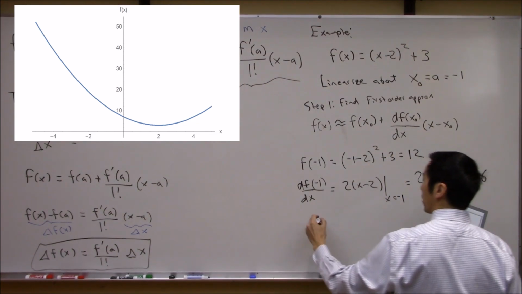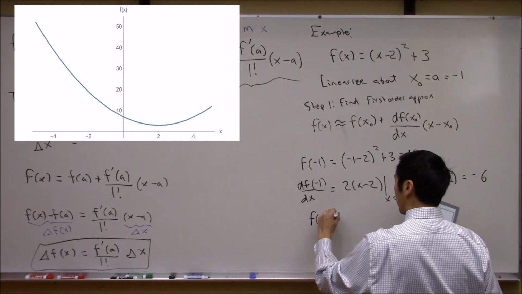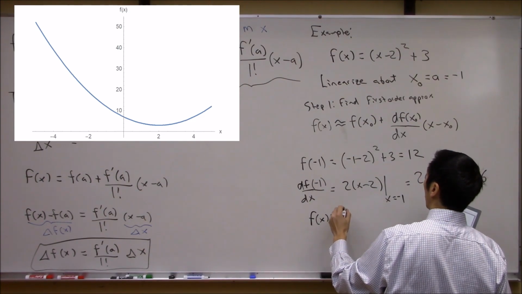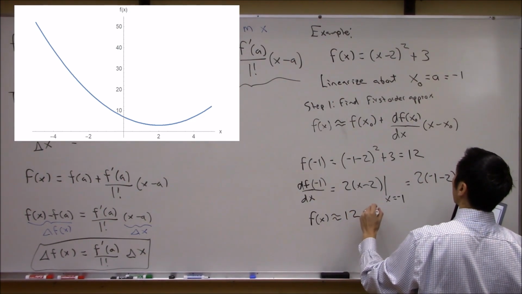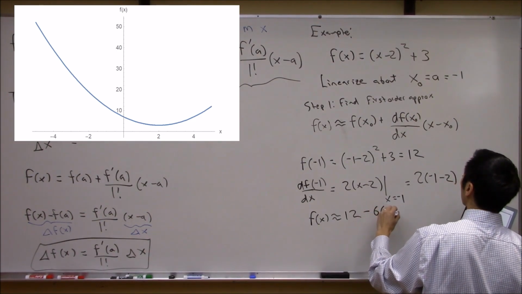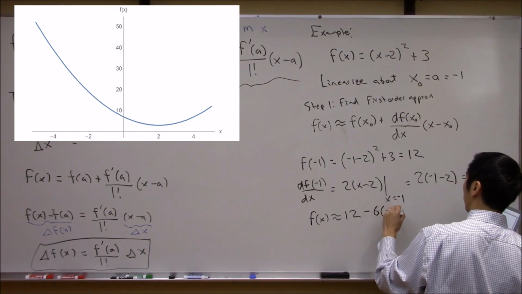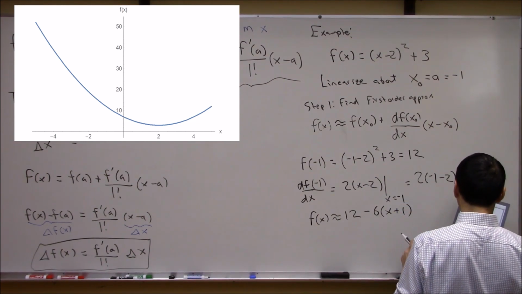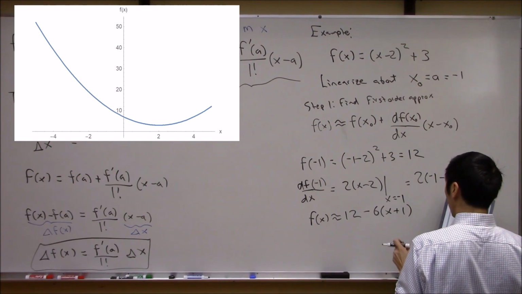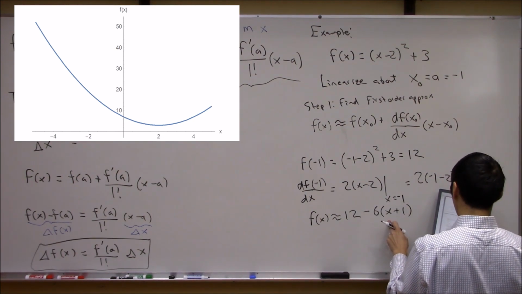So our first order approximation is f of x is approximately 12, right, minus 6 times (x plus 1).